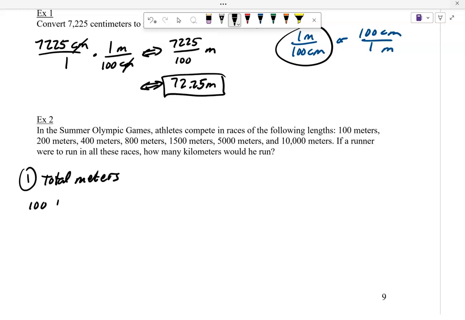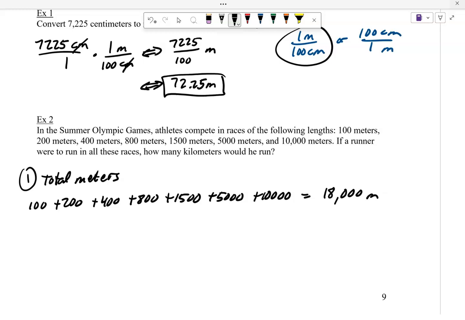You're running the 100-meter dash, a 200, a 400, the 800, the 1,500, the 5,000, and the 10,000. Maybe you do it all in a day. Just kidding. Well, that'd be 18,000 meters. Crazy, right?